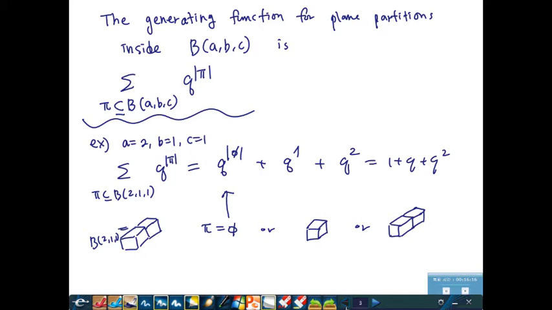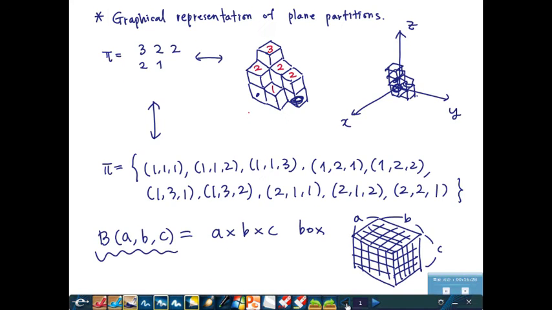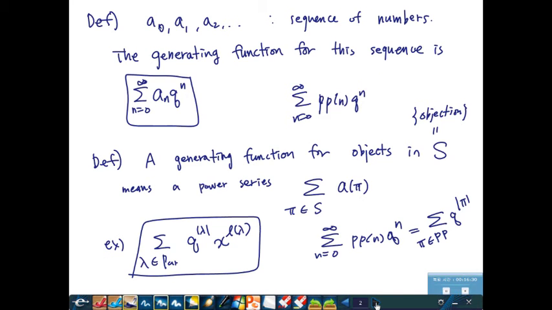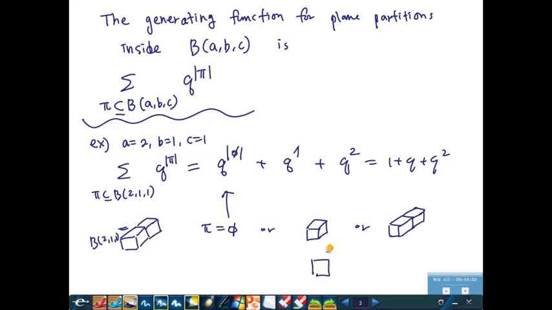Okay. So the question is, don't we need integers inside boxes? Actually, the original definition of a plane partition was a filling of integers inside a Young diagram. But we represented this as a real box like this. So this one actually means 1, 1.